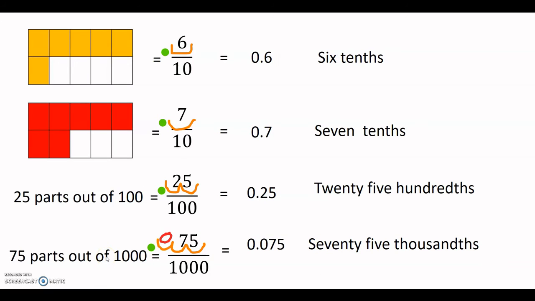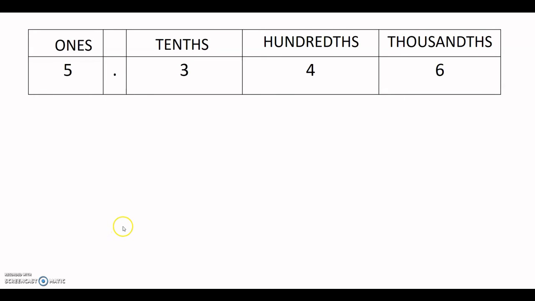Let's try another example. Here we have 5.346. It is very important that we know how to determine the place value of our decimal numbers so that we can properly read them. For example, we have 5.3.